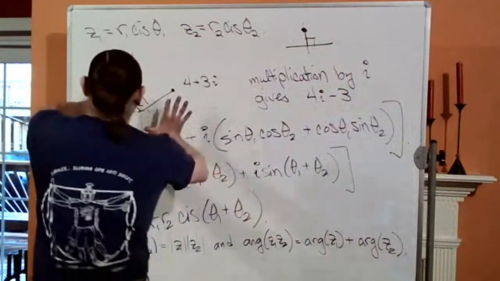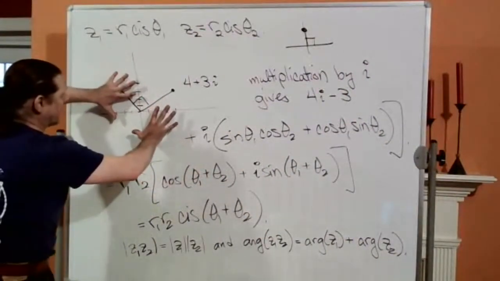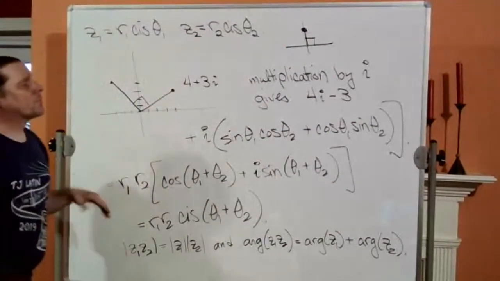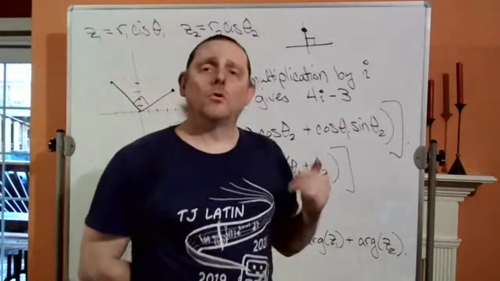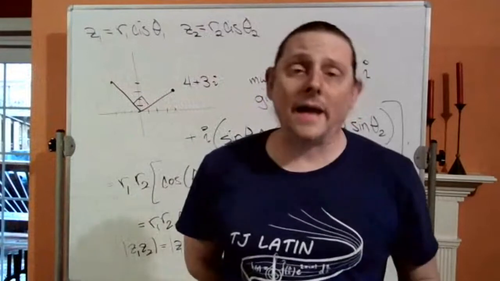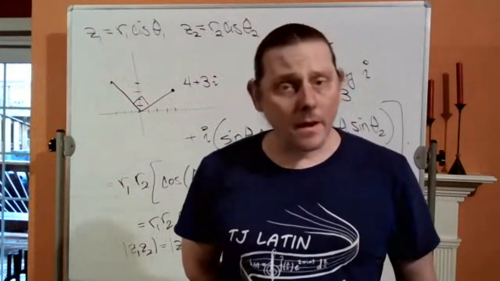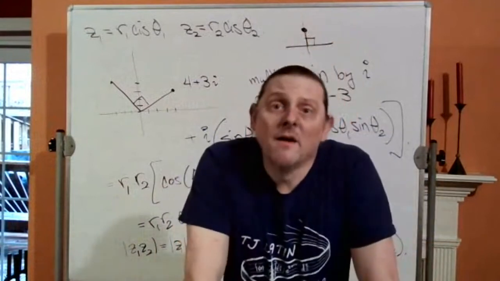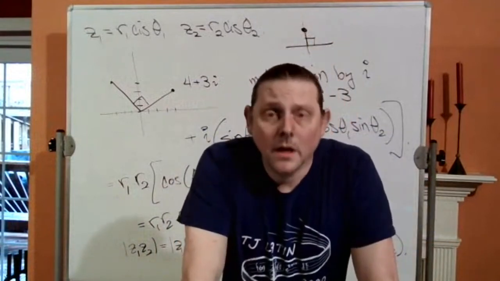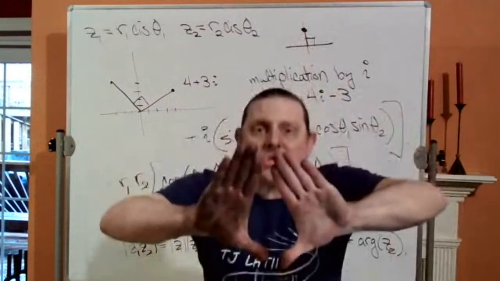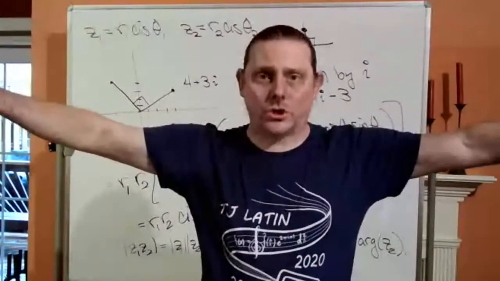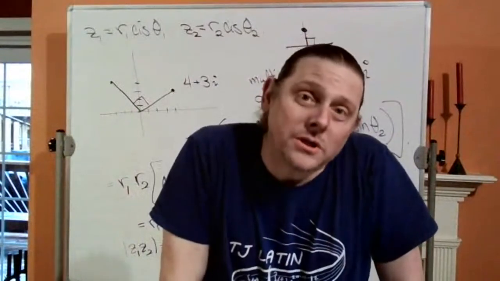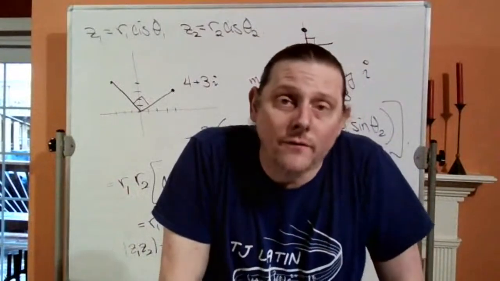Multiplication by i takes the whole complex plane and it rotates it counterclockwise through pi over 2 radians, or 90 degrees. Okay? Similarly, multiplying by 5i takes the whole plane and it stretches it out by a factor of 5, because the modulus of 5i is 5.